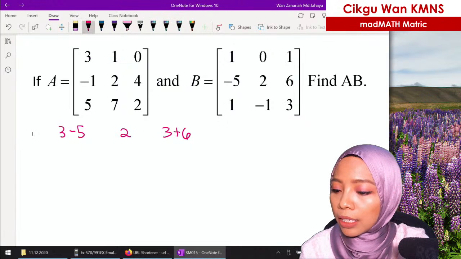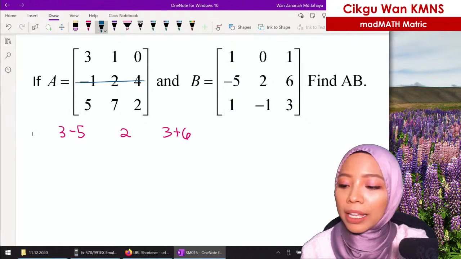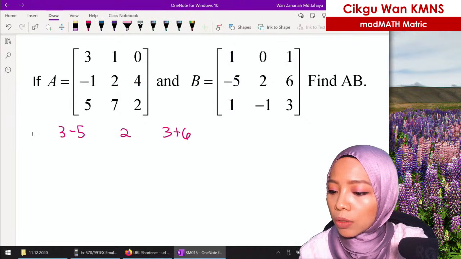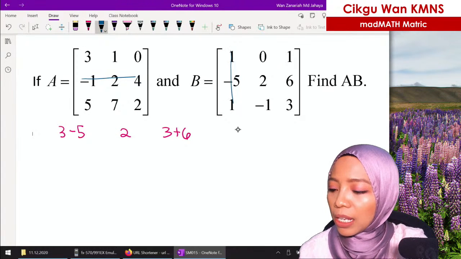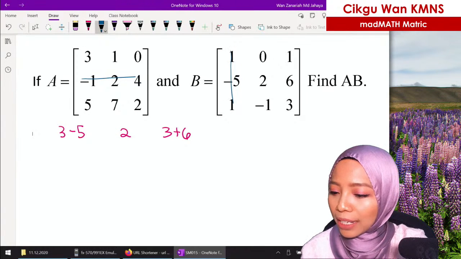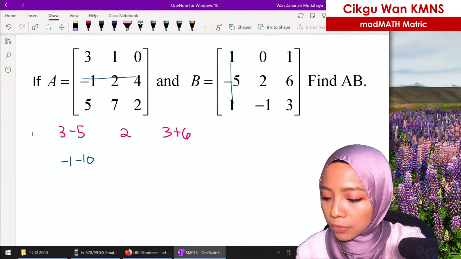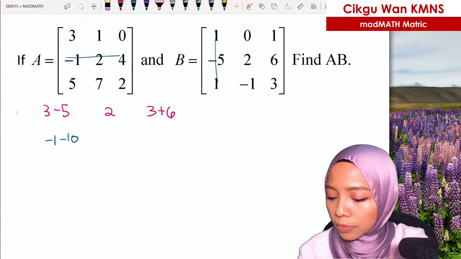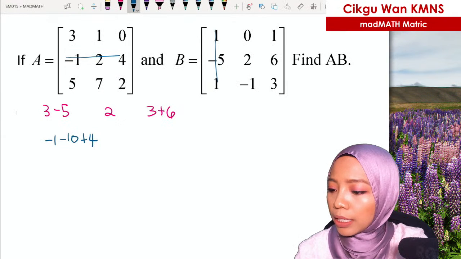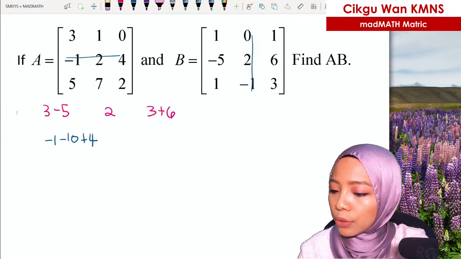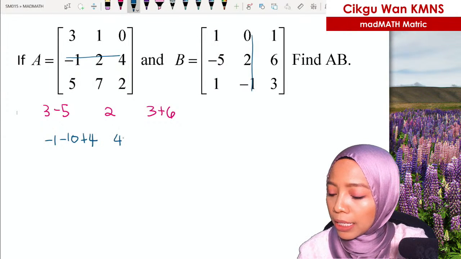Now cikgu nak buat untuk second row pula. So second row. Negative 1, 2, 4 multiply with 1, -5, 1. So negative 1 minus 10, plus with 4. And then we continue this one and this one. 0, 4, minus 4.